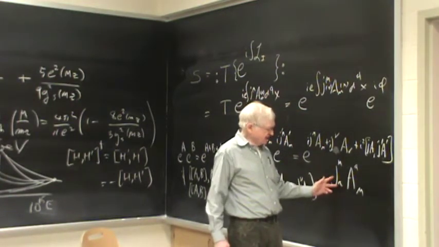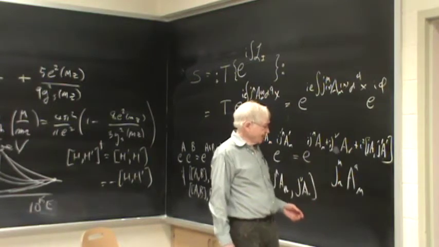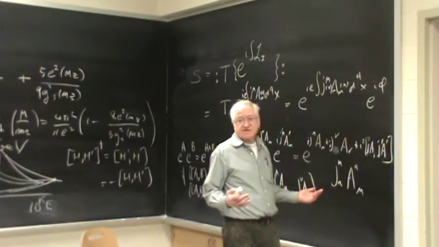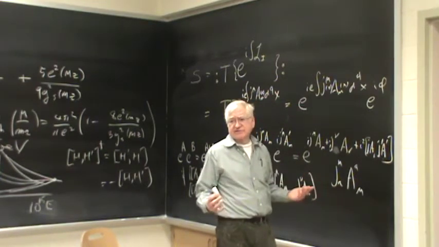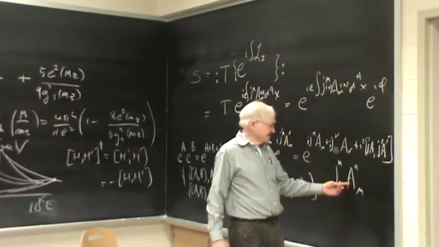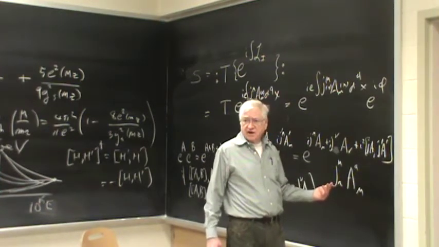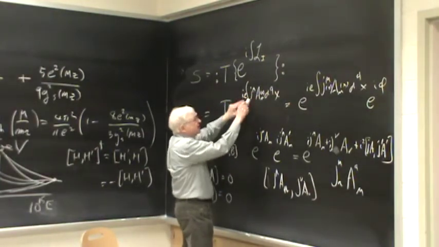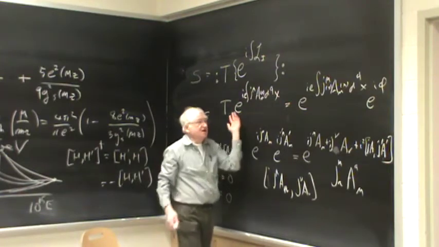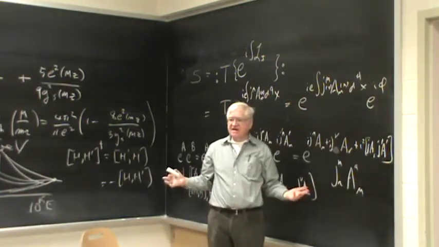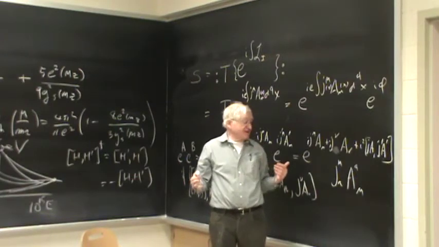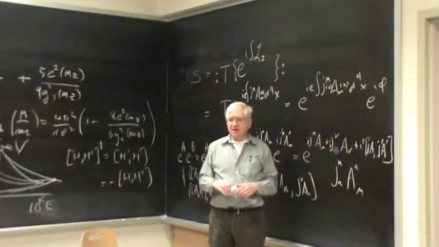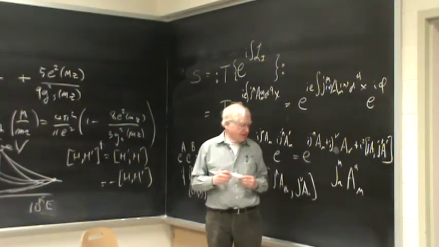But if you treat them that way as a first approximation, then the radiation of gluons in a collision is effectively a coherent state of gluons, because of course these A's are going to commute with each other. And so you have e to the i g J mu A mu d4x. You go through the same razzmatazz, it's a phase, and so the exact answer is something like that. So you expect coherent states of gluons coming out.